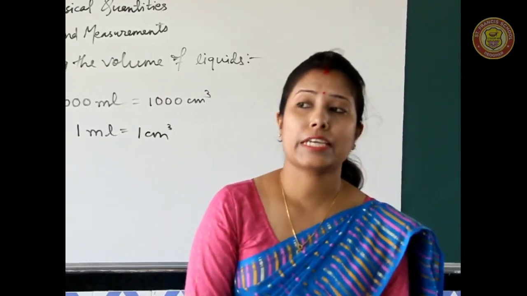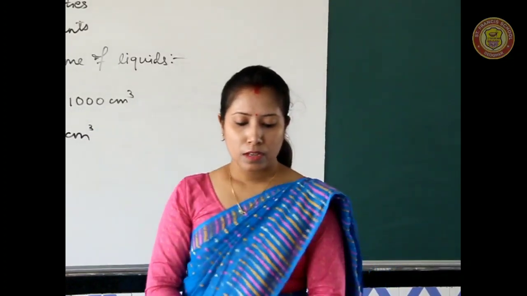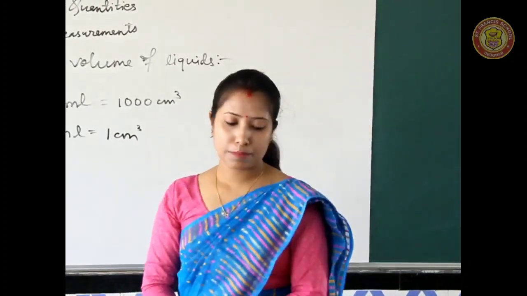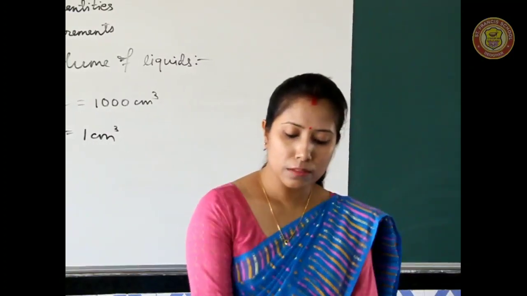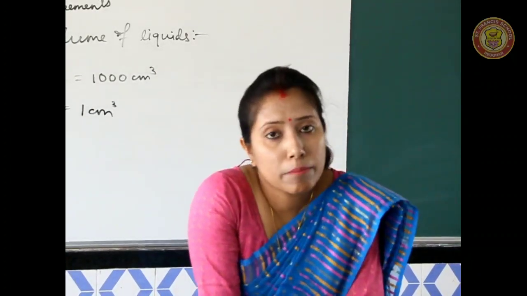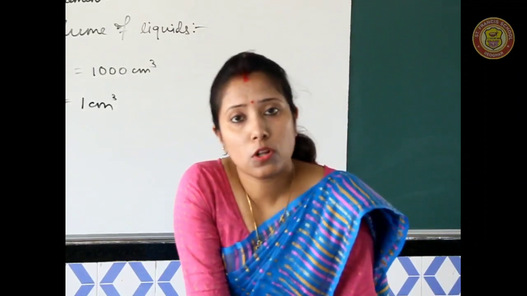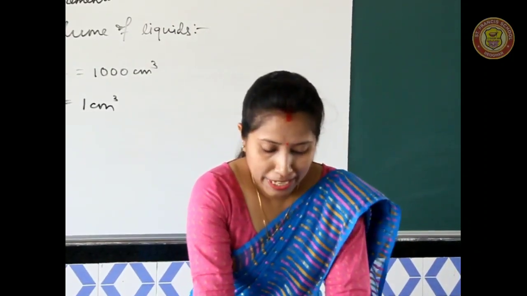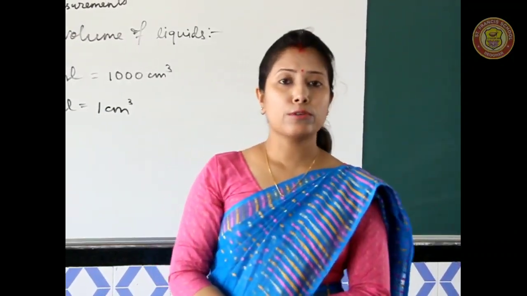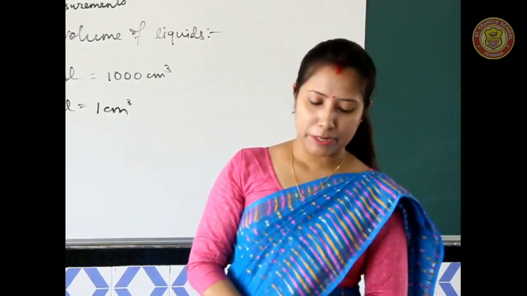Some of the measuring cans are conical in shape and some are cylindrical. The conical measuring cans are used to measure liquids such as kerosene and petrol. You must have seen these conical shapes, and the diagram is also given in your book, page 6.